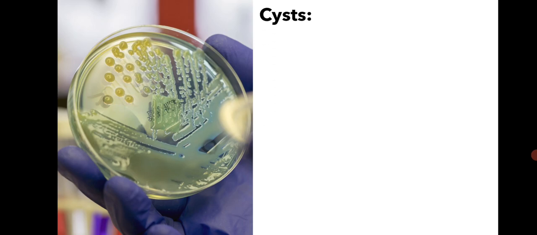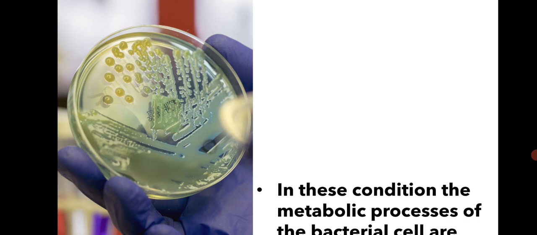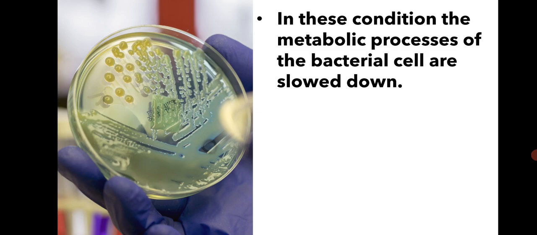Next is through the formation of cysts. These are dormant or resting structures of the mother bacterial cell, formed by the deposition of an additional layer around the cell wall. In these conditions, the metabolic processes of the bacterial cell are slowed down.